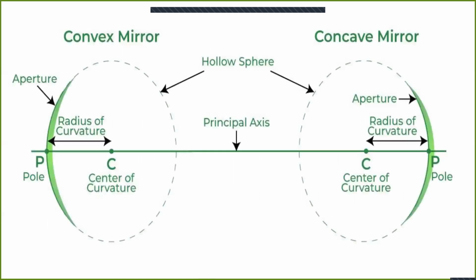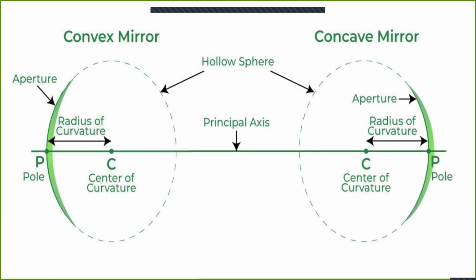Okay, see the diagram. First look at the convex mirror only. Convex mirror means the outward part is reflecting. They mentioned the aperture; that aperture part is reflecting. The other side is polished, meaning light rays cannot pass through that surface. In the aperture part, the center point is called the pole.